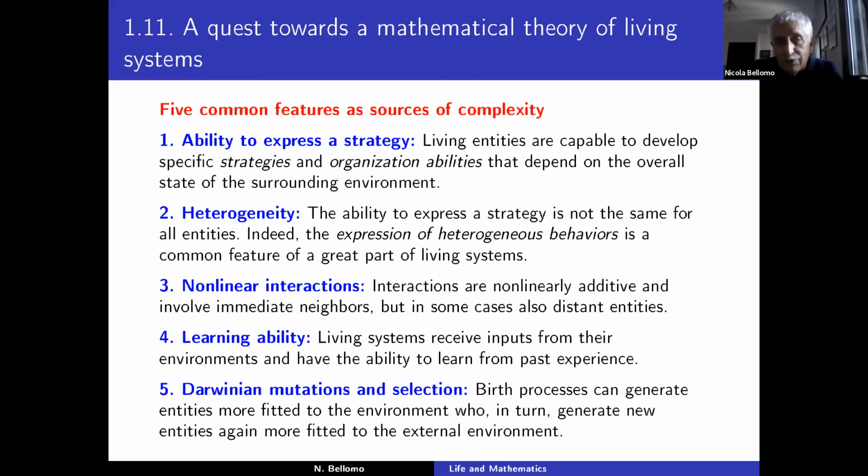According to all that I have said, I suggest, and this is a suggestion, it can be improved: ability to express a strategy. Heterogeneity. Multi-element living systems luckily are heterogeneous. We are not molecules, and so we have a variety of individuals. Interactions are non-linearly additive. They may involve neighbor entities, but also distant ones, depending on the way we communicate.